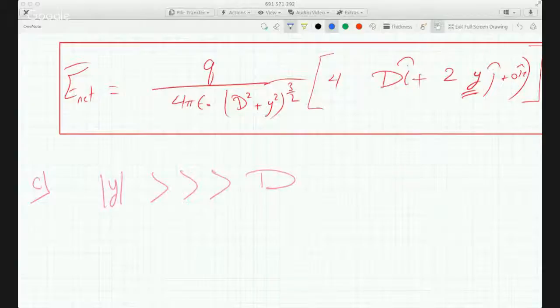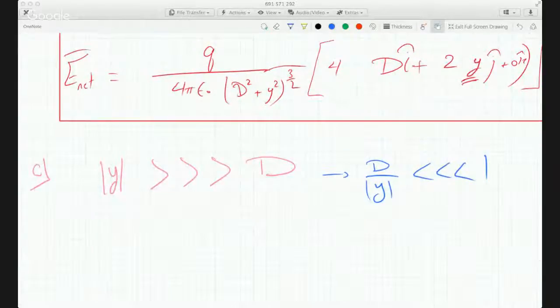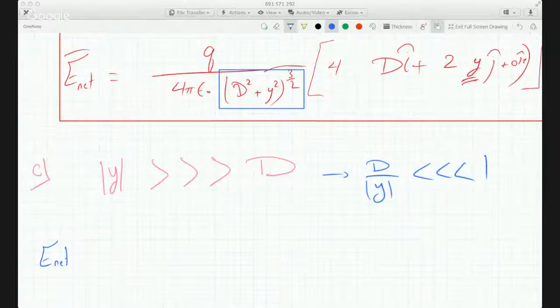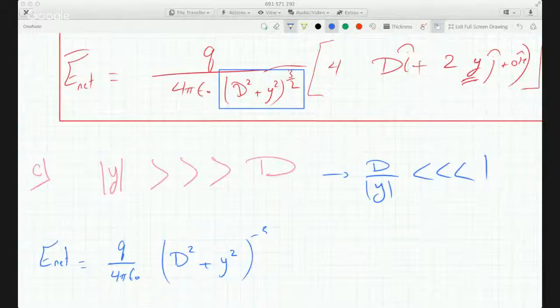If y is much greater than d, that just means that d over y is much, much, much less than 1. And here what you could do, you can go to this term here and do a power series approximation, because E naught would just become q over 4 pi epsilon, d squared plus y squared to the minus 3 over 2.